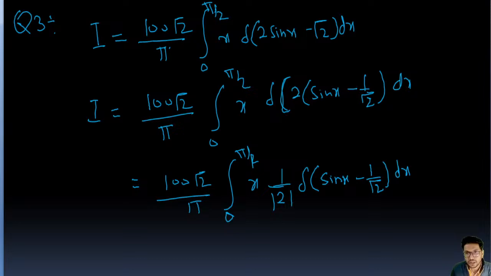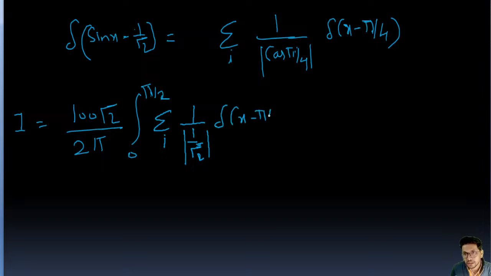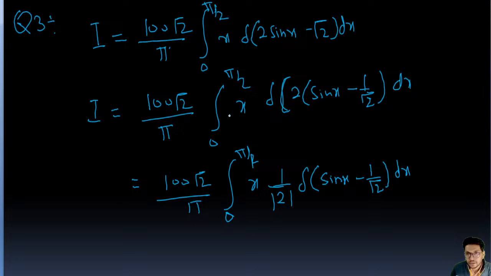So this is going to be sigma i 1 upon mod cos pi by 4, which is 1 upon root 2, also with mod, and delta of x minus pi by 4, and x is also here.